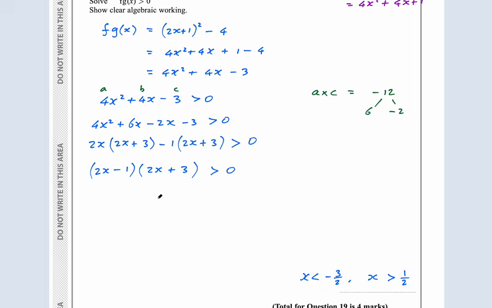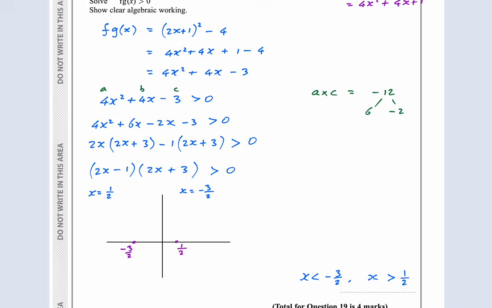Now just to clarify why that is the answer, if you were to graph it, and I always say graph these guys, you'd have your x here at x equals a half if you do this equals 0, and if you do this equals 0, you get x is negative 3 over 2. So I have a 0 at negative 3 over 2, and I have a 0 at a half, which is there.